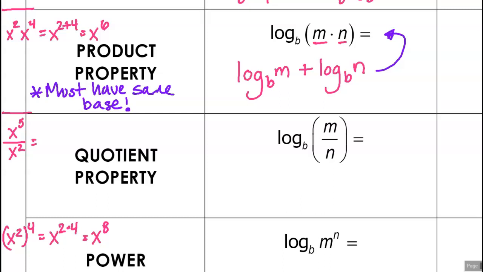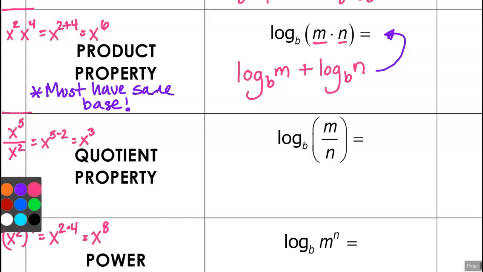Yes, when you have an exponent over an exponent, you subtract the exponents, and you always put the numerator's exponent first. So this is going to be x to the 5 minus 2. 5 minus 2 means that our answer is x squared.